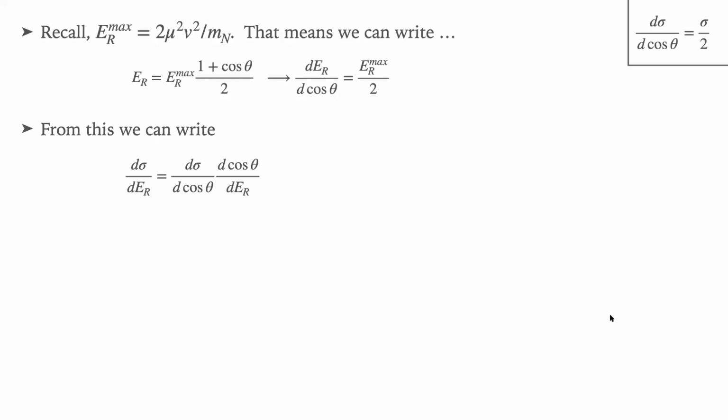This is just using the chain rule. So we can write this as sigma divided by 2 times 2 over E_R max, and that just gives us our cross section divided by the maximum recoiling energy. And then I substitute in our expression for E max, written in terms of the reduced mass and the velocity.